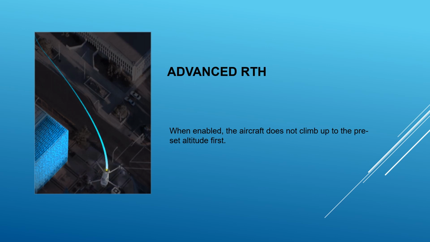So instead of climbing up to the preset altitude first, it will just go straight home from wherever it is if you press the RTH. But it doesn't just work automatically. You have to set the advanced RTH, enable it.